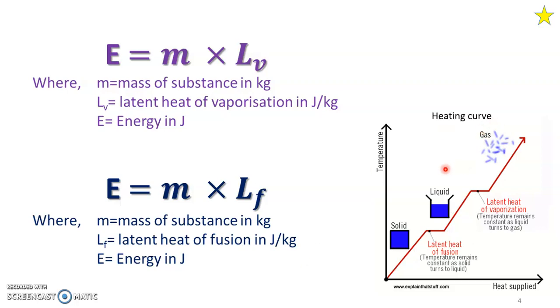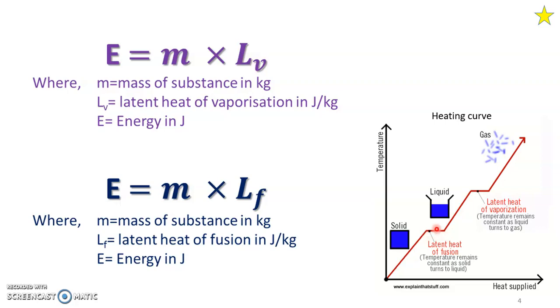Okay, at the side here we have the heating curve. Basically from solid, if we supply heat, the temperature keeps increasing until one point here where the solid starts to melt, and at this constant temperature, the solid melts and turns to liquid, and right at this point, all the solid has already melted.